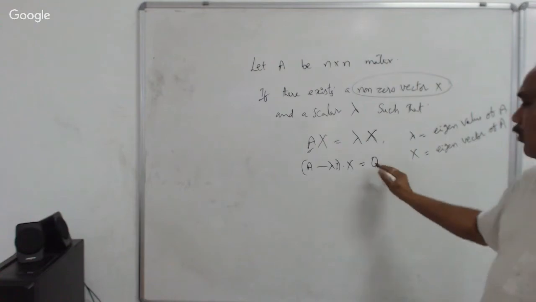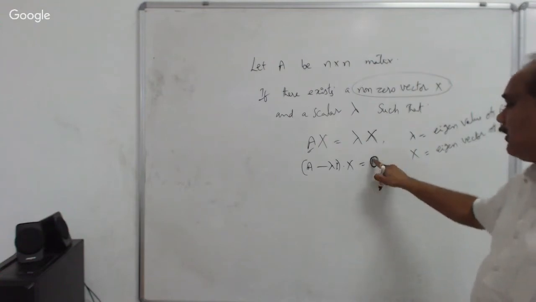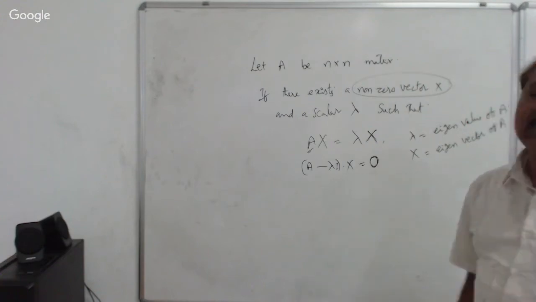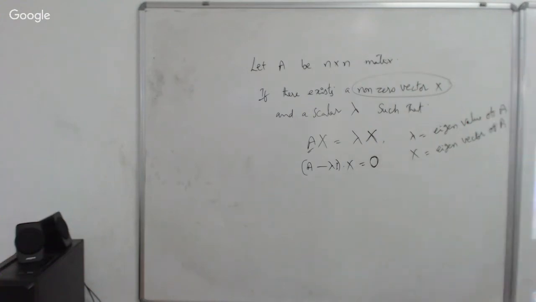This is called a homogeneous system of equations, equal to 0 form. Suppose we have this system, called a homogeneous system of equations.